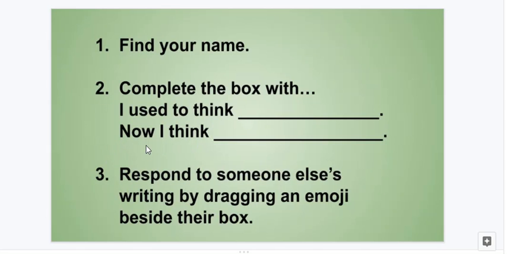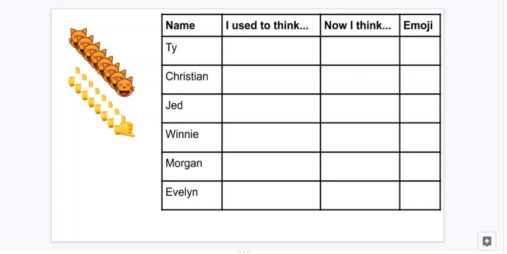So you're going to fill out those boxes, and then you're going to respond to someone else's writing by dragging an emoji beside their box. Okay, so everyone's name is in a box here. You're going to find your name. Okay, then you're going to click the box beside your name, type in I used to think, and whatever it is you used to think.